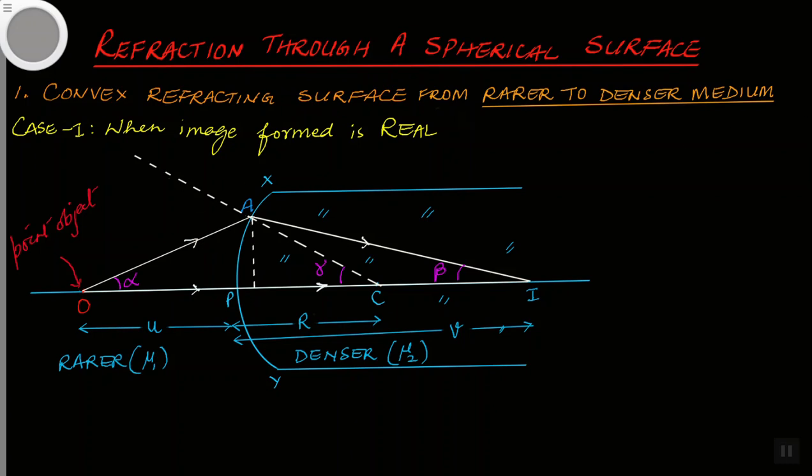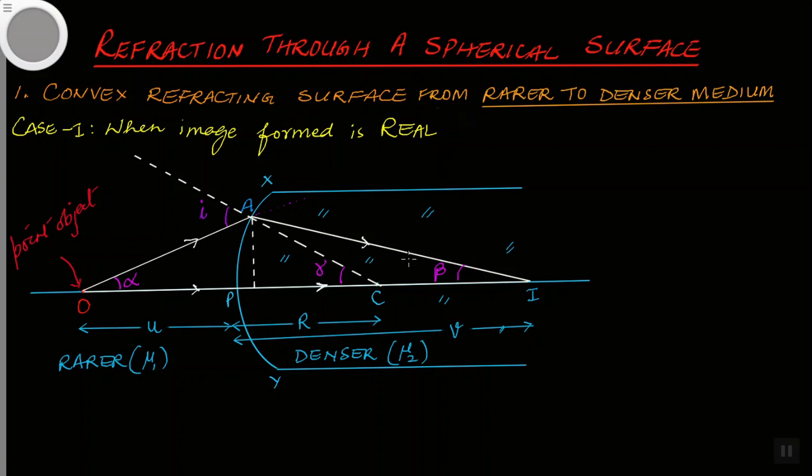What will be this angle? This angle here will be the angle of incidence. I call this angle of incidence I. Now since the light is going from the rarer medium to the denser medium, what will happen to the ray of light? It seemed to be going in this direction, but it doesn't go in that direction.